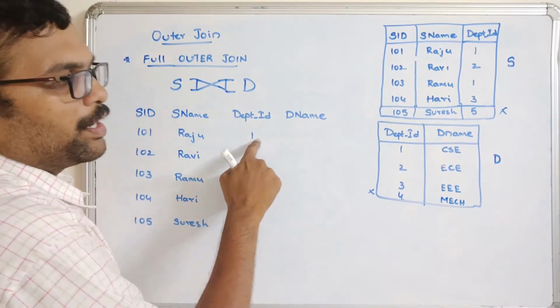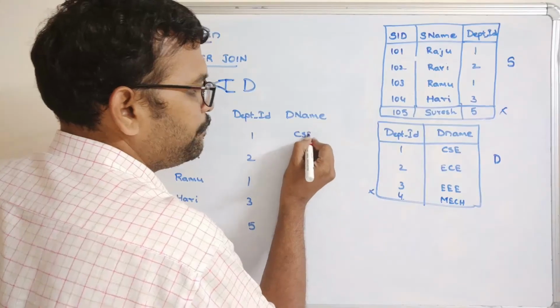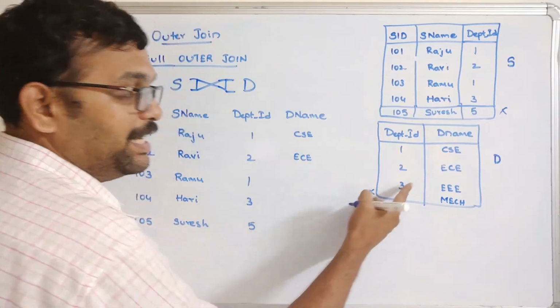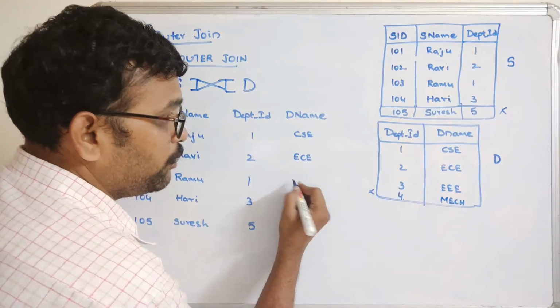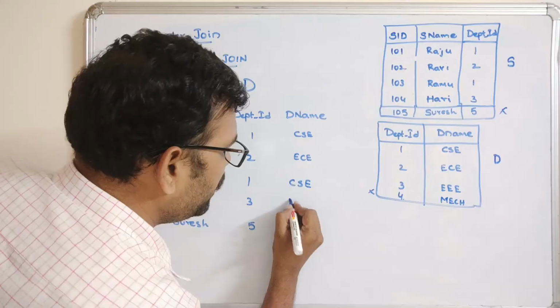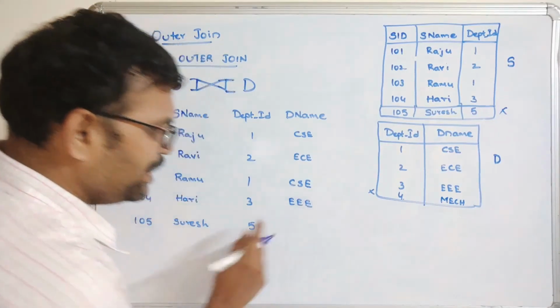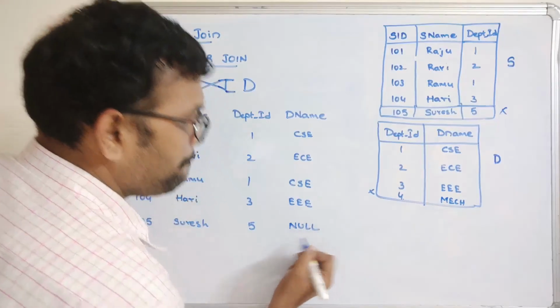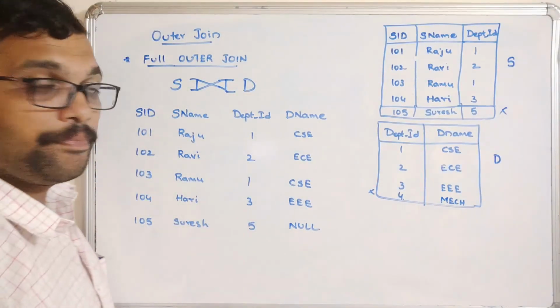D name: 1 means CSE, 2 means ECE, again 1 so CSE, 3 means triple E. Is there any relation with 5? No, so kept it as null.